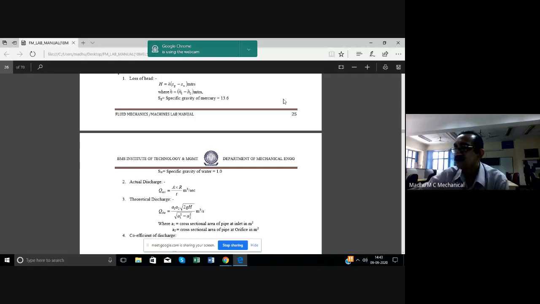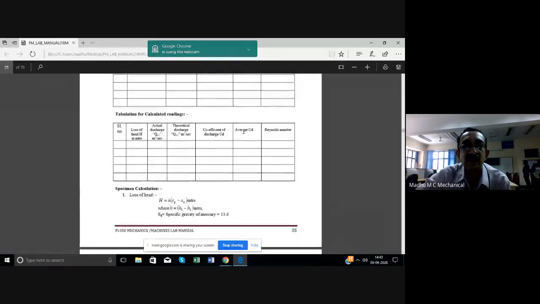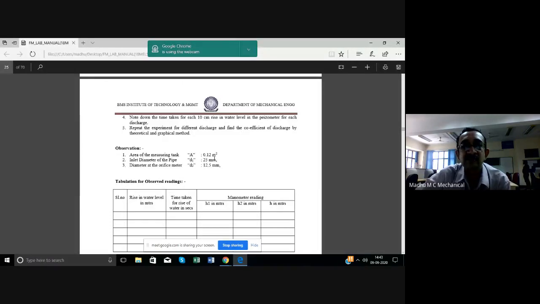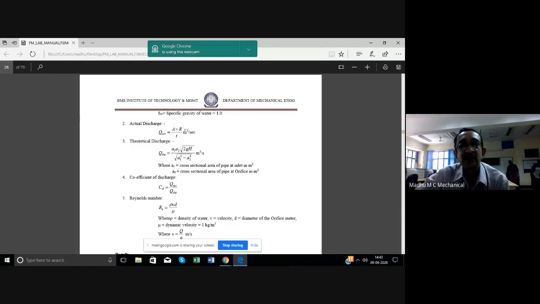The area is 0.12 meter square, into R, keep it in meters, 0.1 meter, divided by the time I gave, 39. Now tell me the value of actual discharge.